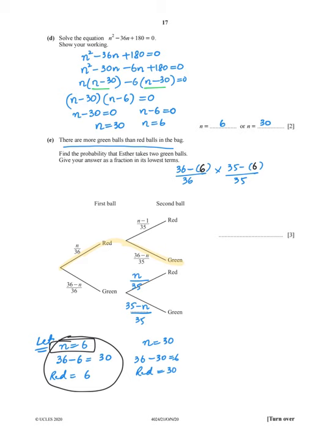So 36 minus 6, it's 30 divided by 36, times 35 minus 6, it's 29 divided by 35. All right, so we need to simplify it. So 6 5s are 30 and 6 6s are 36. 5 1s are 5, 5 7s are 35. So the leftover is 29 divided by 7 6s are 42, and that is your answer.